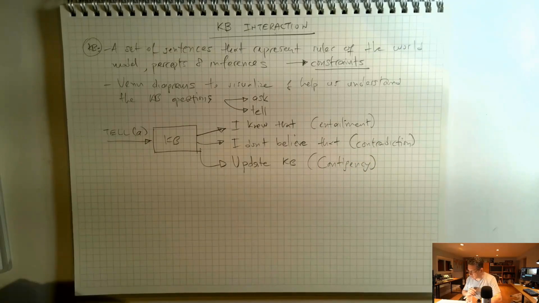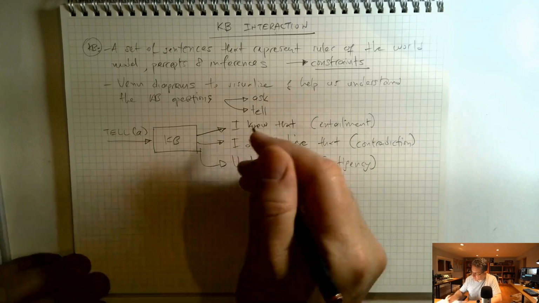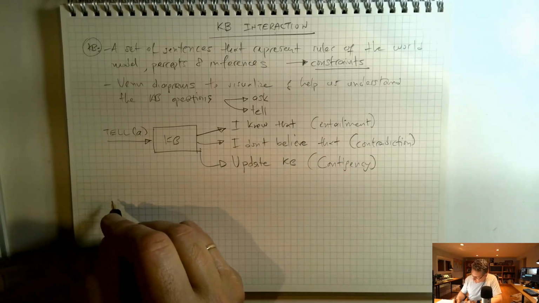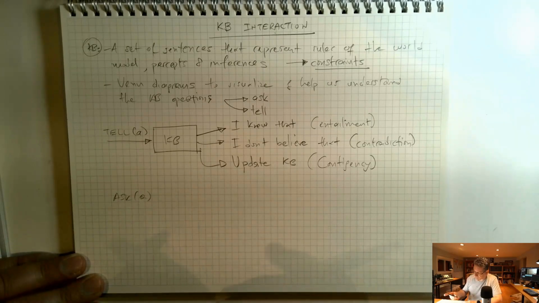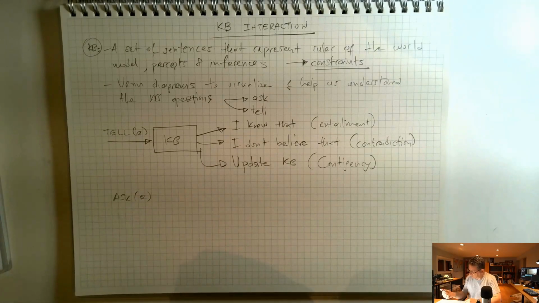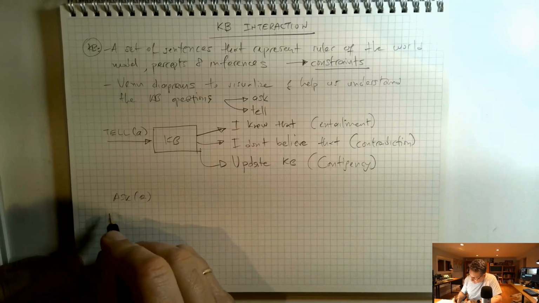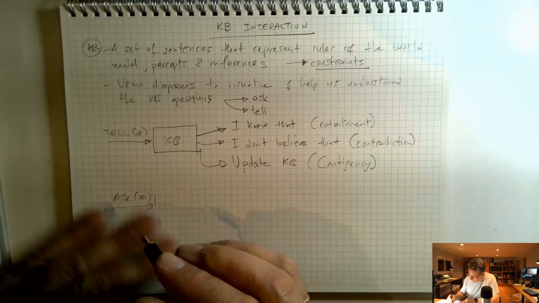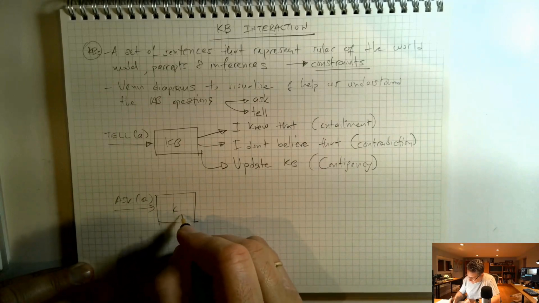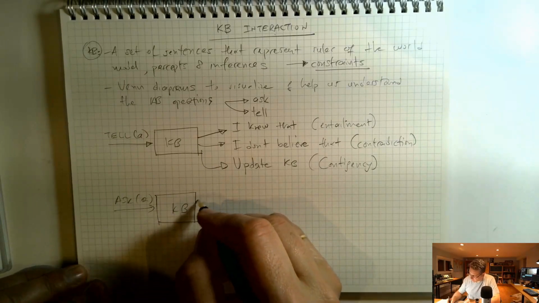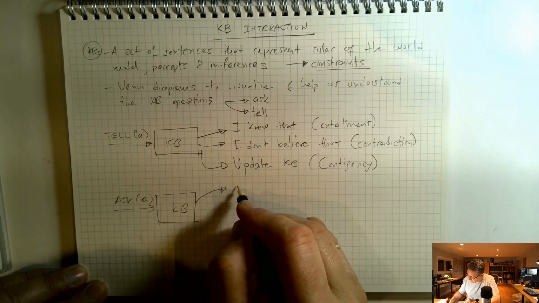Okay, so this is the first operation. The second is the so-called ask operation. So we want to ask about this sentence: is this sentence satisfied or not? And the knowledge base will respond to us in three ways. This is true.